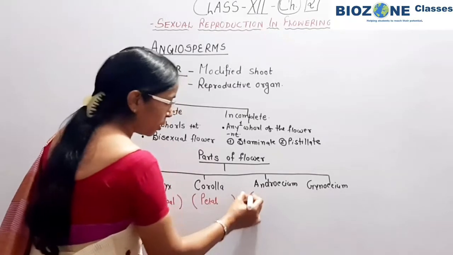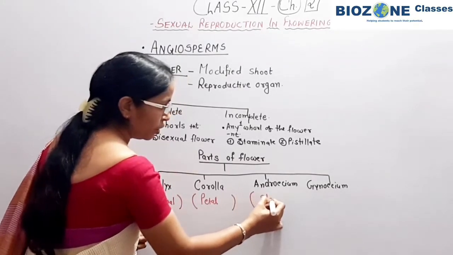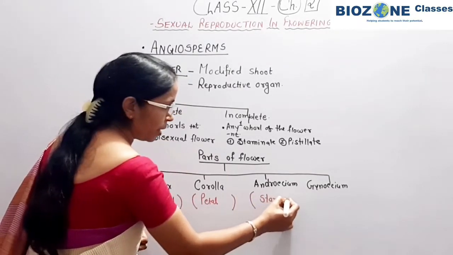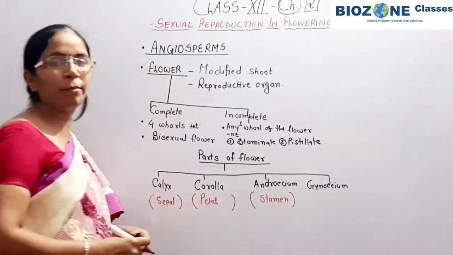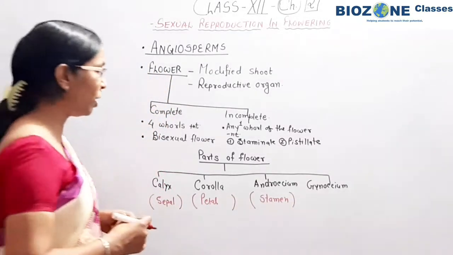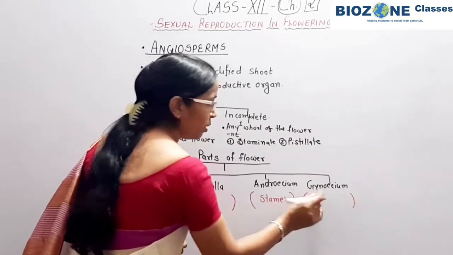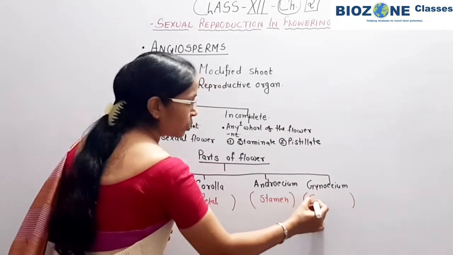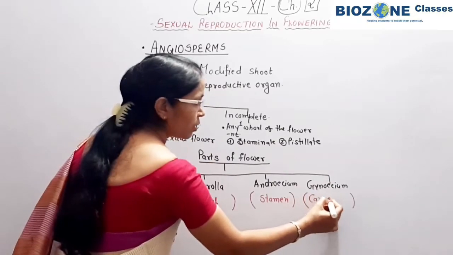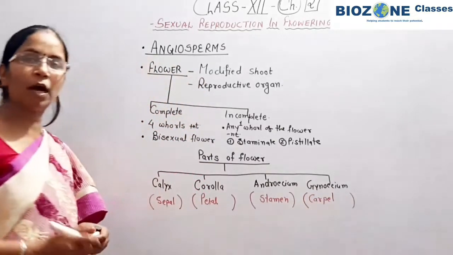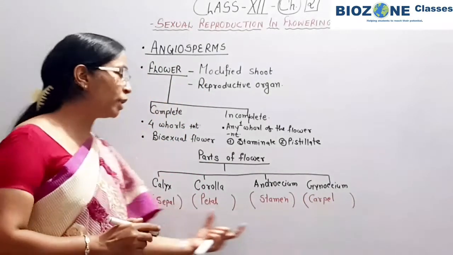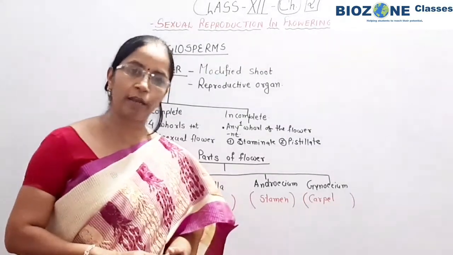The androecium is represented by the stamen, which is its single unit. And the gynoecium: the pistil or carpel is the single unit of the gynoecium.